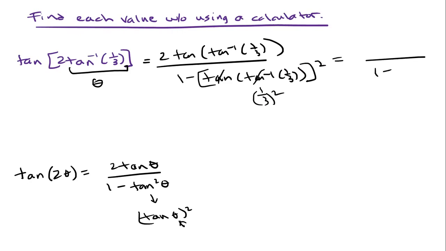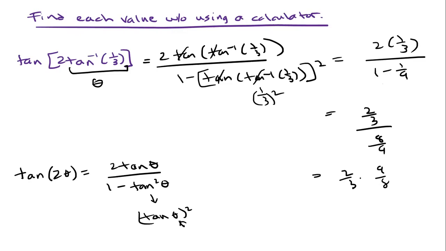So that's going to give us 1 minus 1/9 on the bottom. And then the top there, the tangent and the inverse tangent are going to cancel, leaving us with 2 times 1/3. So that's going to give us 2/3, and 1 minus 1/9 is going to be 8 over 9. So I just flip that. That gives us 9 over 8, okay, which is 18 over 24, which reduces to 3/4.